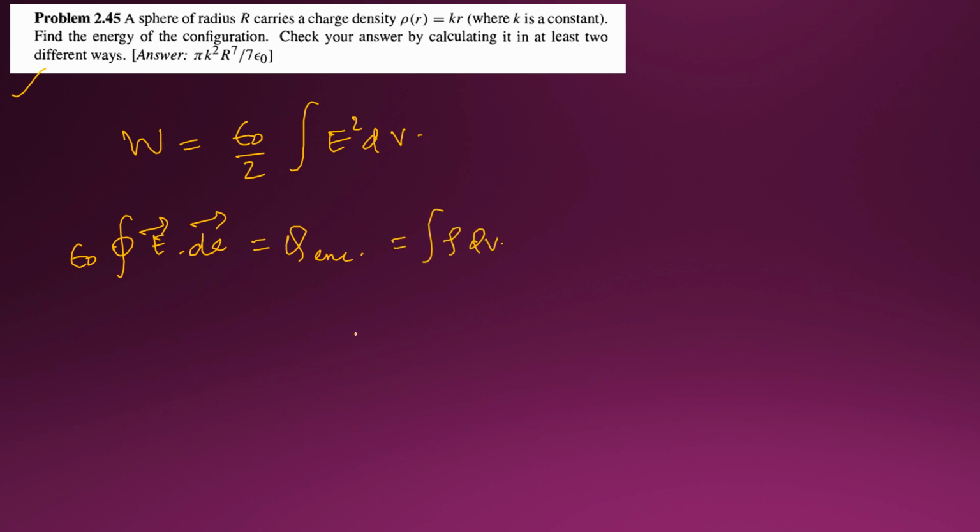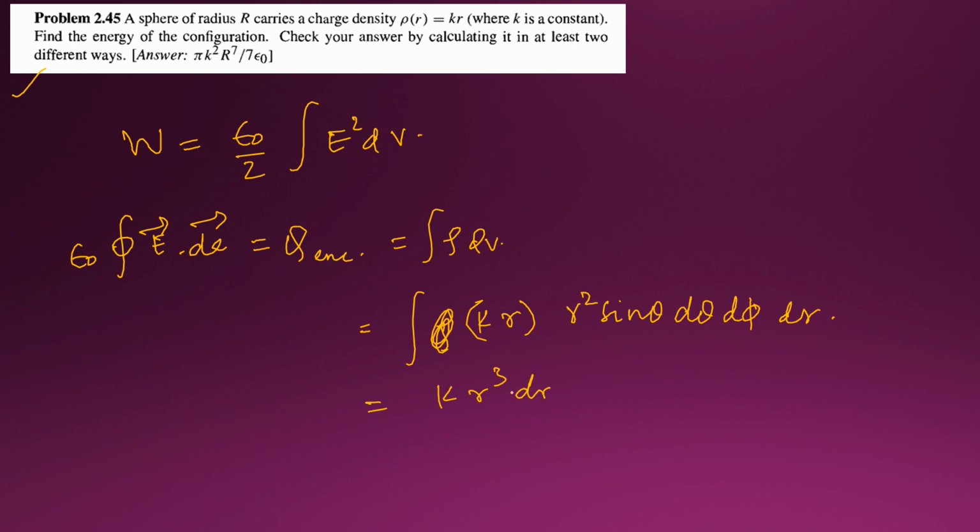Rho is given, volume charge density is kr. dV is r square sine theta d theta d phi dr. So I can do this: k r cubed dr integration 0 to r, sine theta d theta integration 0 to pi, and d phi from 0 to 2 pi.